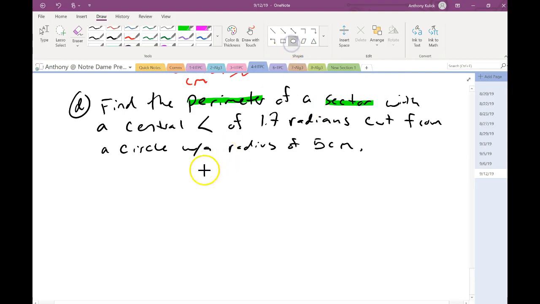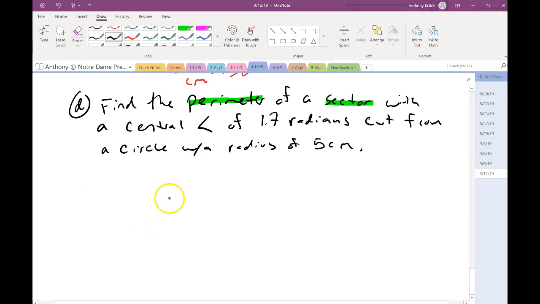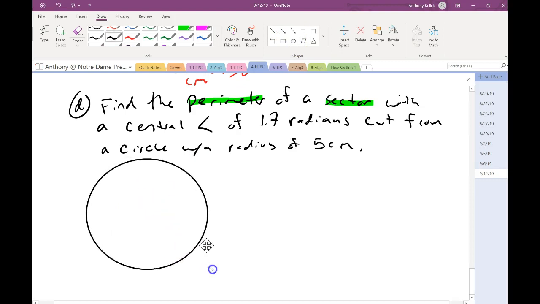So a sector is just like a pizza slice. So when we cut a pizza, and I'm talking about like a round pizza, not one of these square pizzas, we'd end up with a pizza slice that kind of looks like this, right?